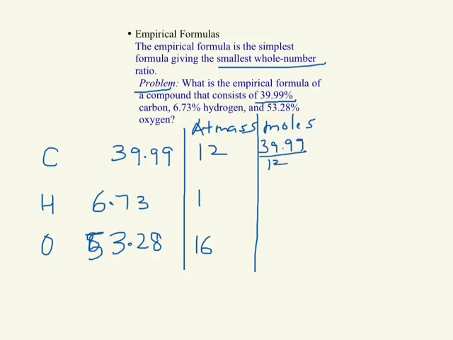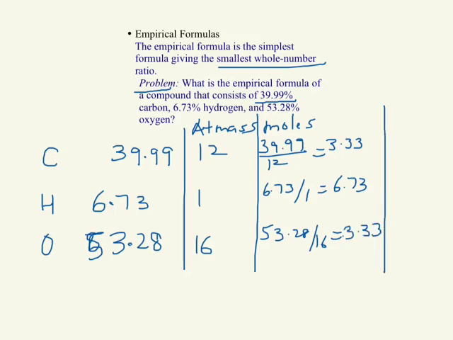You're going to do 39.99 divided by 12, which will come out 3.33. 6.73 divided by 1, 6.73. 53.28 divided by 16 will be 3.33. These are the moles. The last column is where you write down the simplest whole numbers or the simplest ratio.